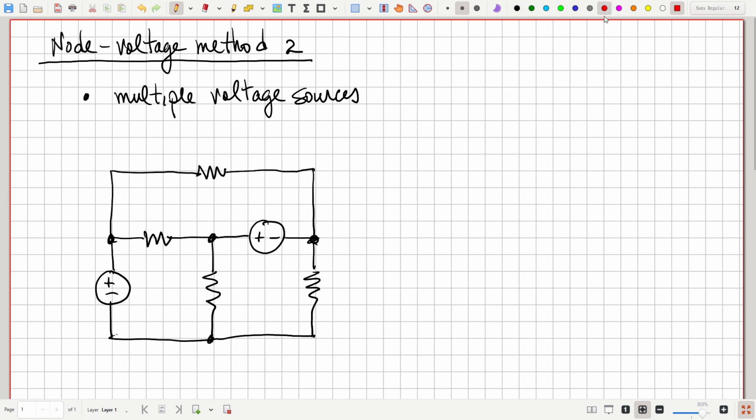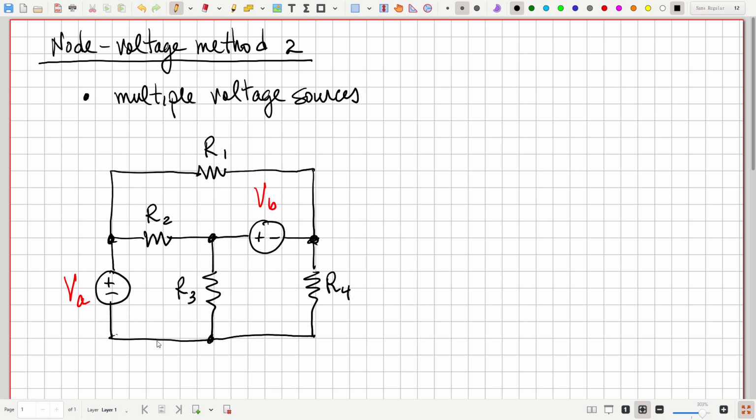So these voltage source values are, let's call this one VA. Well, this will be an algebraic example just to show the method. This will be VB. And then our resistors are going to be R1, R2, R3, and R4. So solve this circuit.